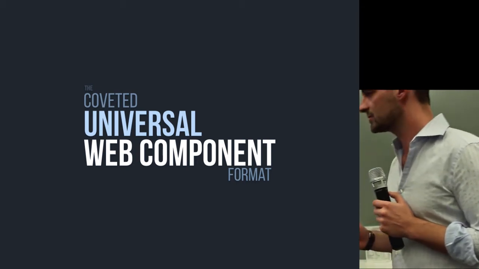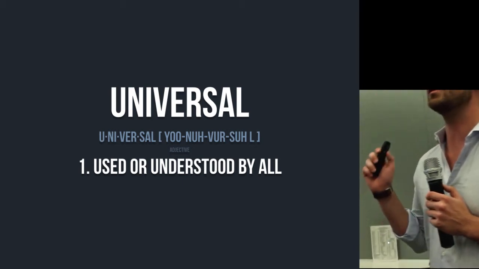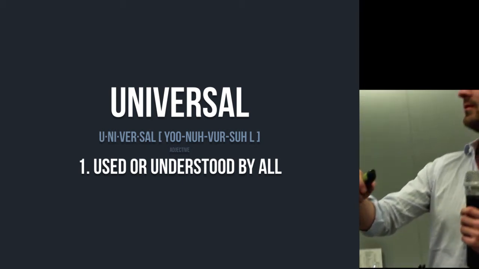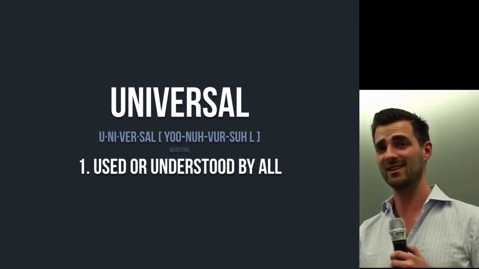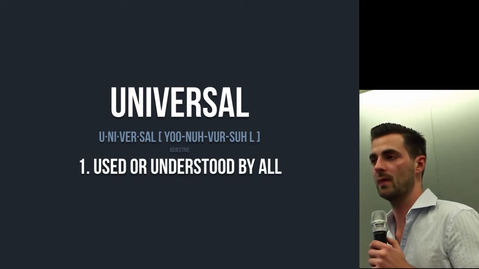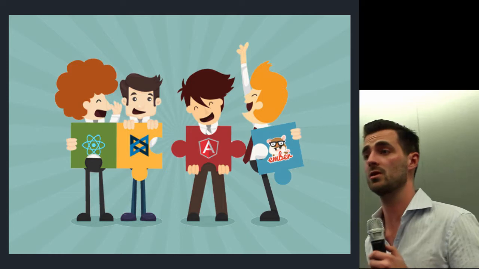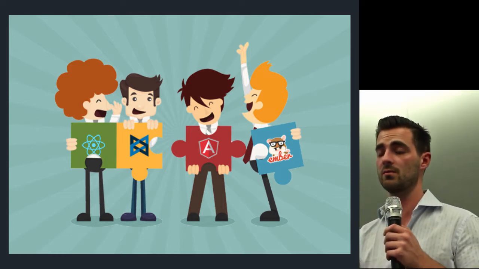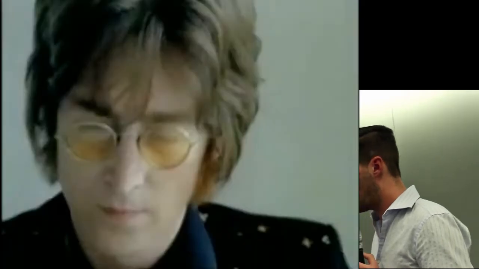So just so we're very clear what universal means, I mean that no matter what framework, I'm sure that we've got people here that use Angular, React, Ember, Backbone, Vanilla.js, Dojo, whatever it is you use, I want to be able to create my web component and have it be used by everyone in this room. Doesn't matter what framework you're using, doesn't matter if you're sharing with the community or with different teams. Basically, I want this.